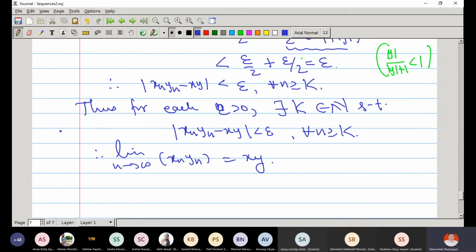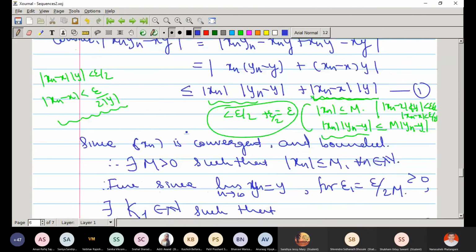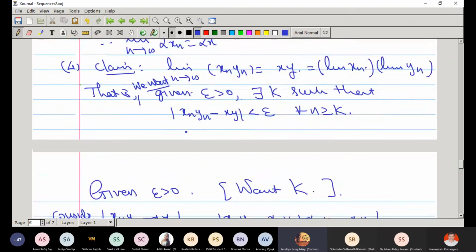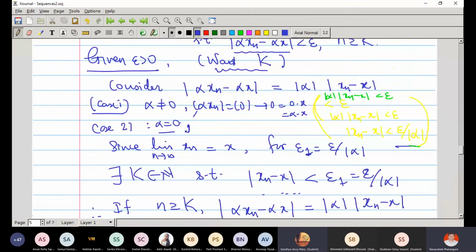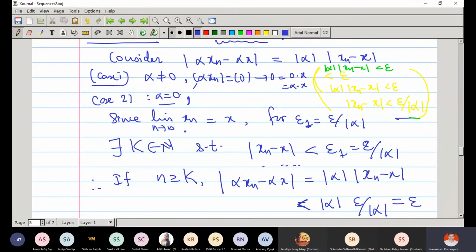Sir, can you just show the first proof, like alpha x and... This one?